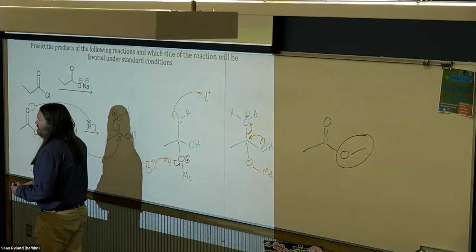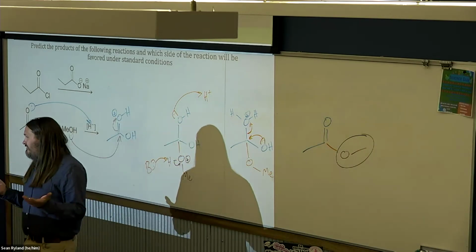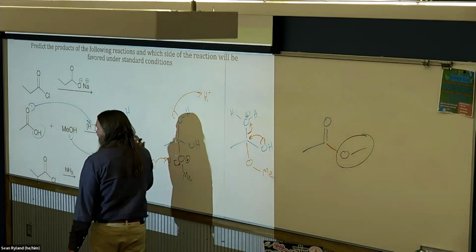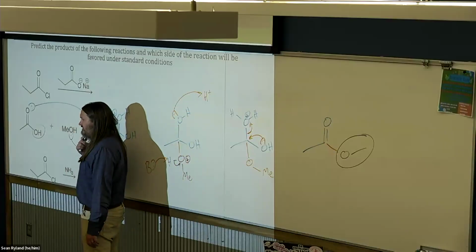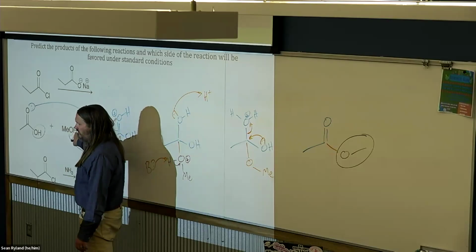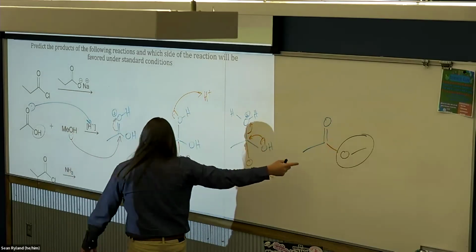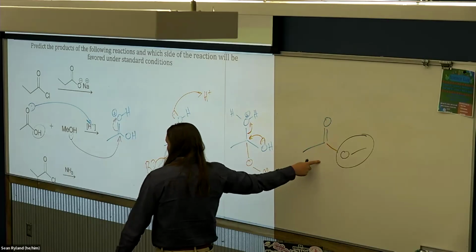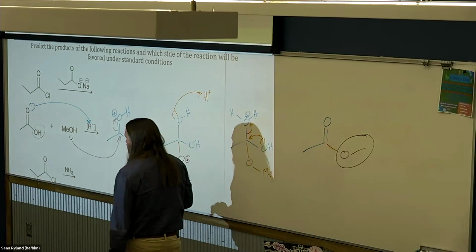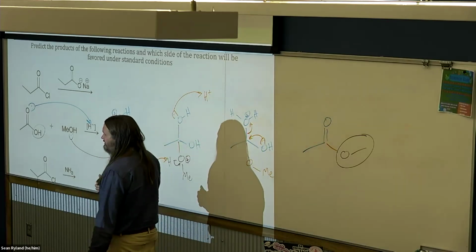It's hydroxide, so it's relatively the same. This is one where we can really control it pretty easily based on the conditions. If you take carboxylic acid and put it in pure alcohol, you're going to favor making the ester. If you take the ester and put it in pure water, you're going to favor making the acid. It's all just a function of concentration. They're pretty much the same strength as a base.